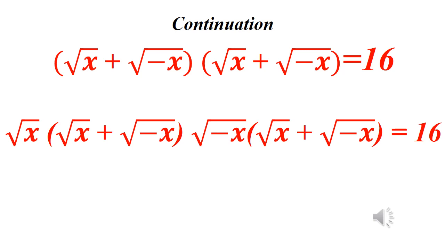So what we have now is, if we take the first square root of x there, we multiply it by the square root of x plus square root of minus x. Then we take the square root of minus x, multiply it also by square root of x plus square root of minus x equals 16.